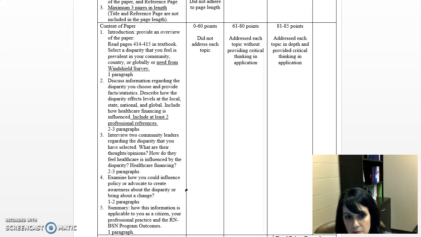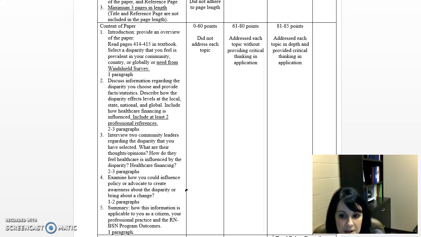And I want you to really think about this last part, number 4, because our next paper that you have due is your health promotion paper. And that's kind of where you're going to take number 4 and really expand upon that. So I really want you to think about, could you create a tobacco campaign for unemployment? How could you do that?